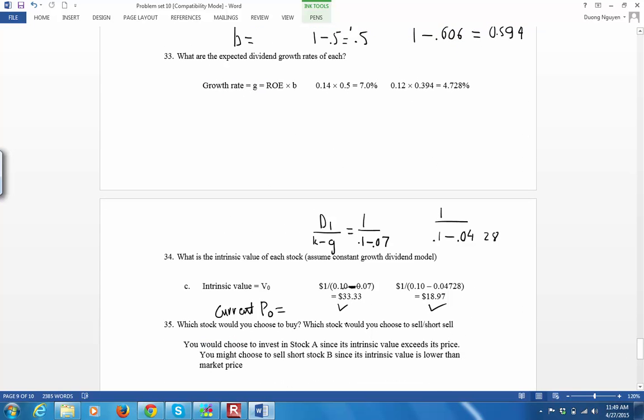You believe that the fair value is 33.33 and the current market price is only 27, so obviously this one is undervalued. And the second one has a current price of 25, but you believe the fair value is only 18.97, so obviously it is overvalued. So the first one is undervalued, you buy; the second one is overvalued, you sell.